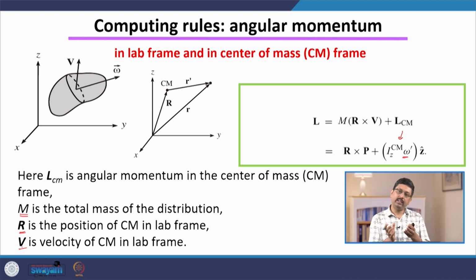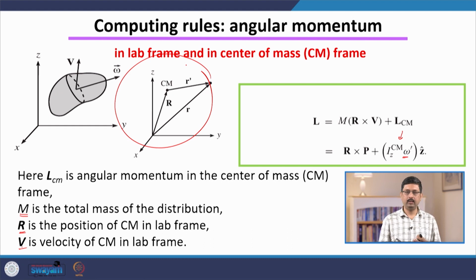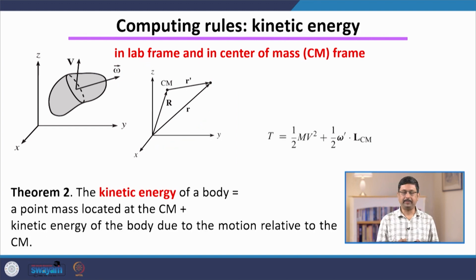If it is a fixed axis rotation, simple rotation about a circle about the center of mass, then omega and L will be in the same direction in this particular case, and we can simply calculate the moment of inertia component along the appropriate axis times the angular velocity.